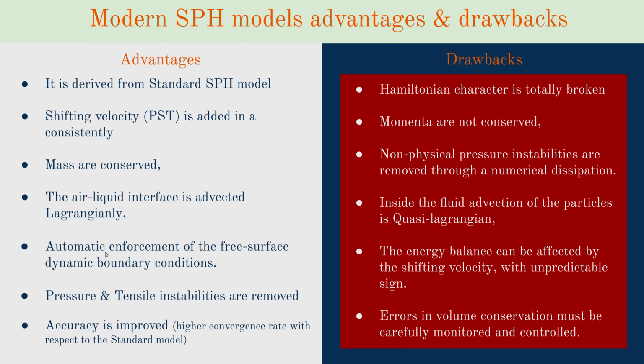Pressure and tensile stability are effectively removed, which is crucial for applying SPH to a wide range of engineering problems. The accuracy of the method is also improved. Particle shifting ensures a regular particle distribution in space, while the second-order pressure formula enhances the accuracy of the pressure gradient. This is especially important in complex free surface flow, such as during liquid impact events.